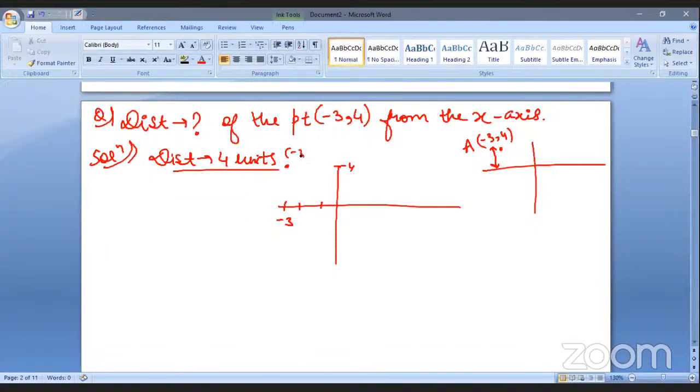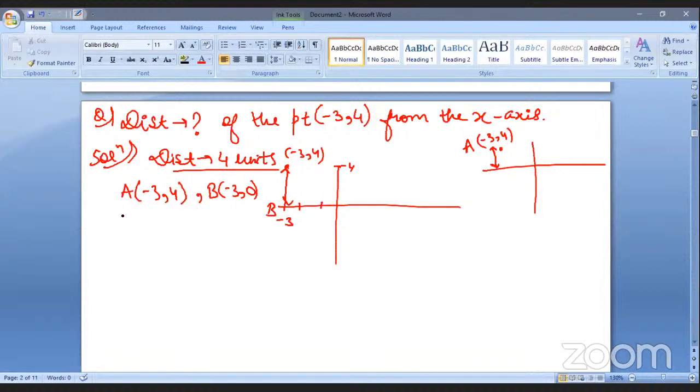So if the point is here, minus 3 comma 4, and we have to find the distance of this from the x-axis, what we need to find is the distance between A and this point, let it be B. So B will be minus 3 comma 0 because it is lying on the x-axis, so the y-coordinate will be 0, and minus 3 because the x-coordinate would be equal.